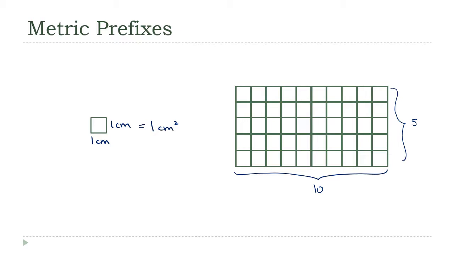That means I have 10 times 5, or 50 1 centimeter square boxes. So that means the area of my larger figure is 50 square centimeters. That's how we're going to define area measurements in 2 dimensions.